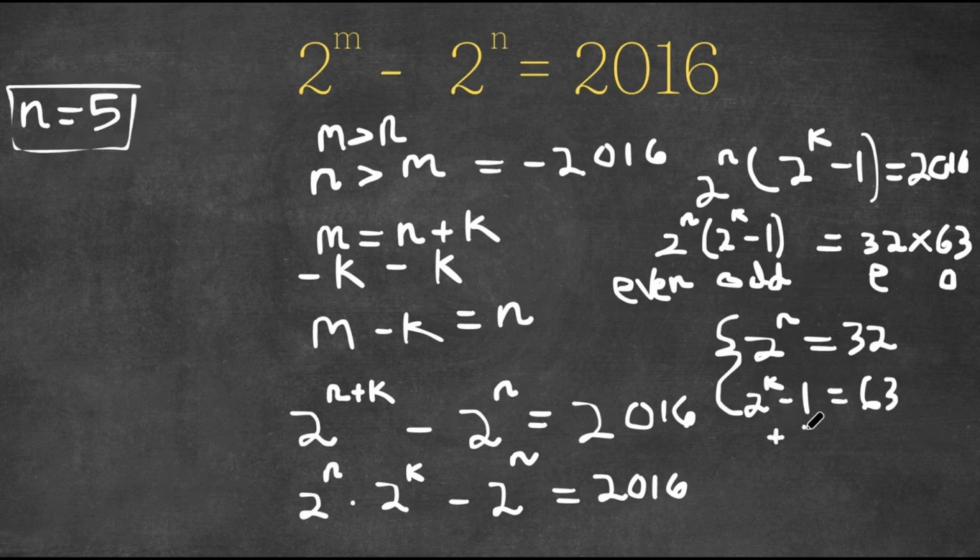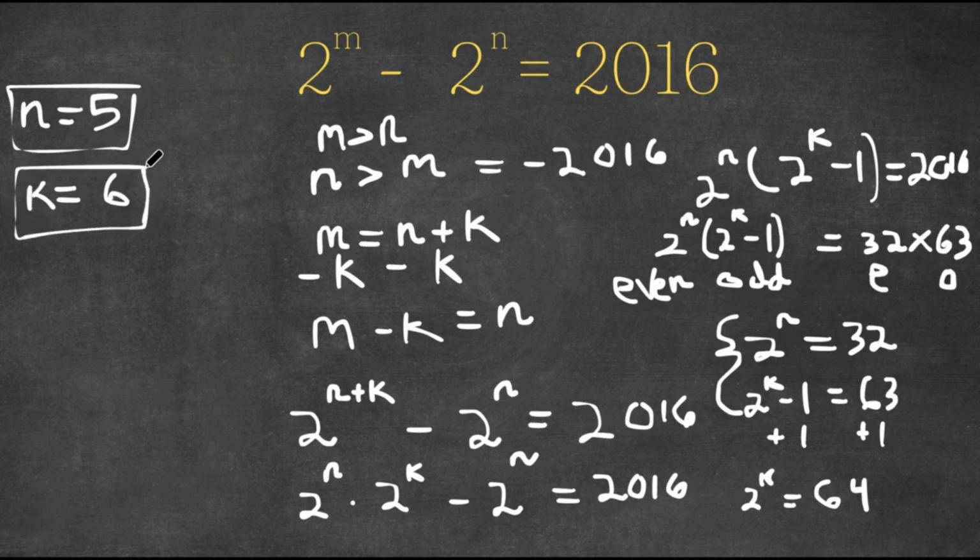If we add 1 on both sides, we get 2 to the power of k is equal to 64, meaning k is equal to 6. So now if n is 5 and k is 6, we could simply plug these in. m is equal to n plus k, and n plus k is 5 plus 6, which is 11. So m is equal to 11.